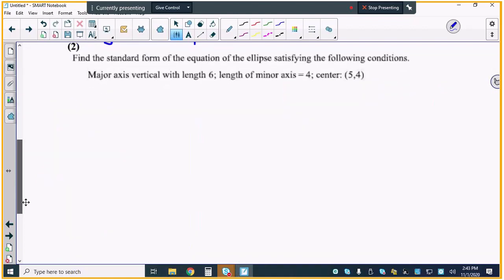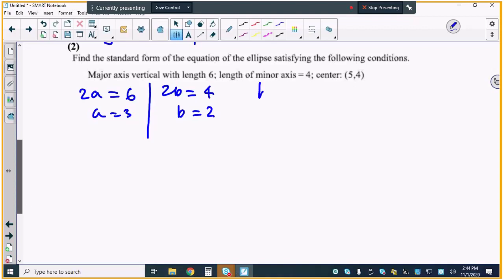Find the standard form of the equation of the ellipse satisfying the following condition. This time I know that the major axis is of length 6, the minor axis is of length 4. So clearly I have 2a given to be 6 units, so a is equal to 3 units. And minor axis 2b is equal to 4 units, so b is equal to 2 units.